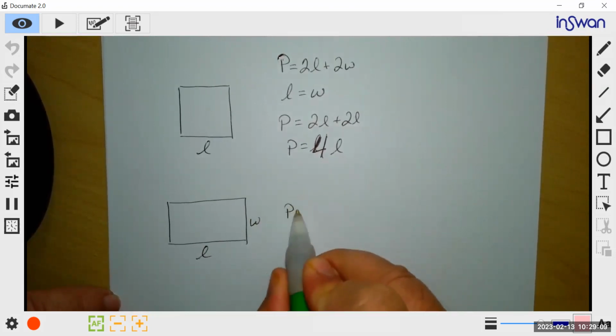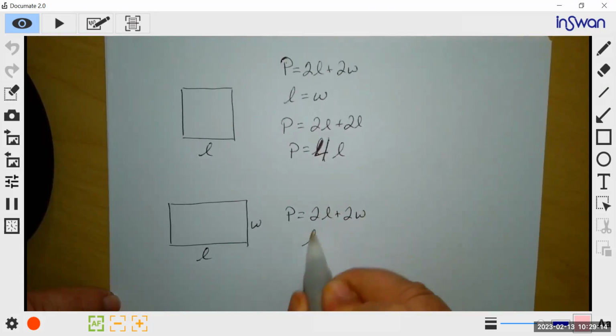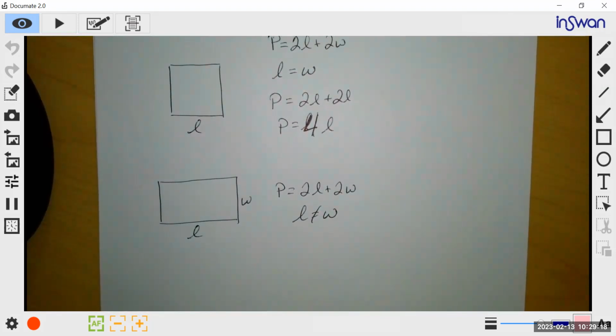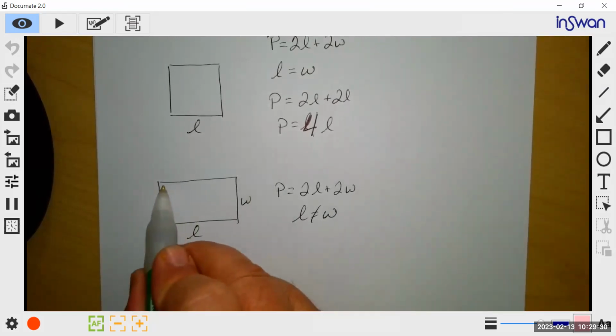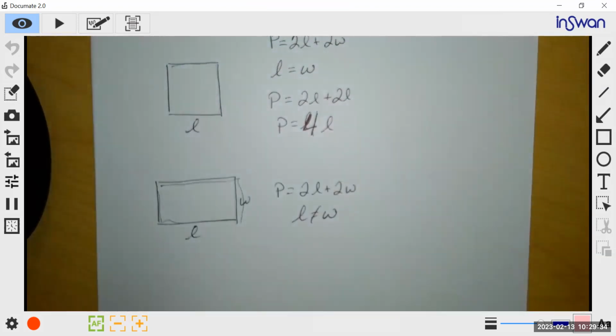For a rectangle, it has to remain like this, since the length does not equal the width. Again, the perimeter is the outermost length of an object. That's the perimeter.